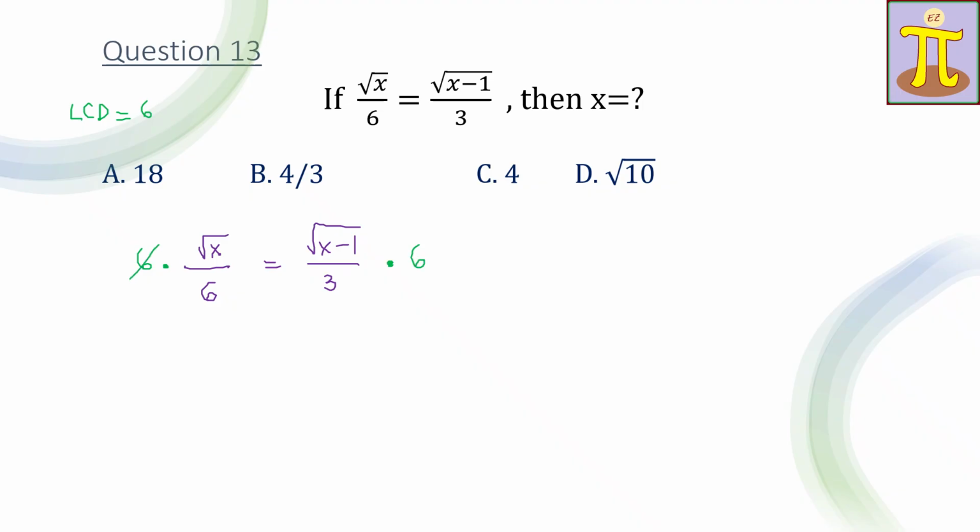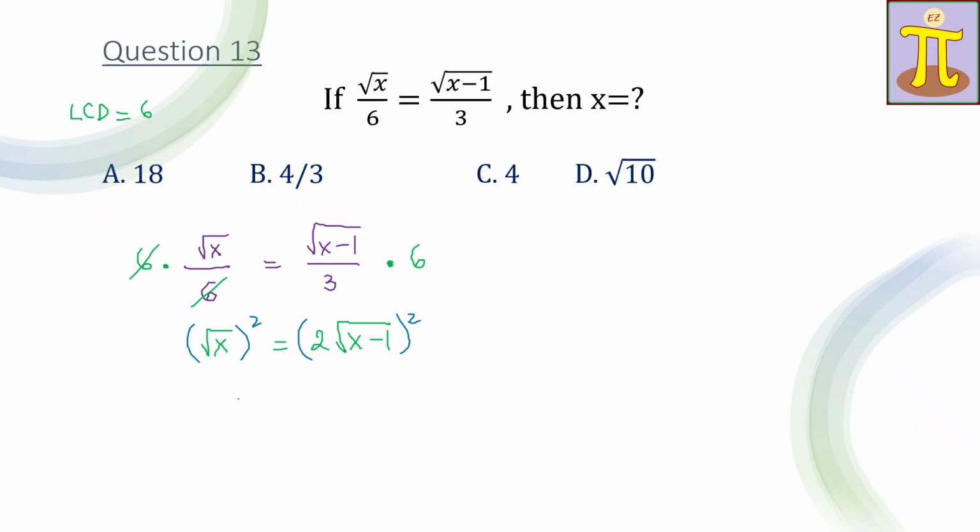So we cancel that 6. On the left-hand side we have the square root of x. On the right-hand side, 6 divided by 3 is 2 times the square root of x minus 1. Now we square both sides to get rid of the square root.